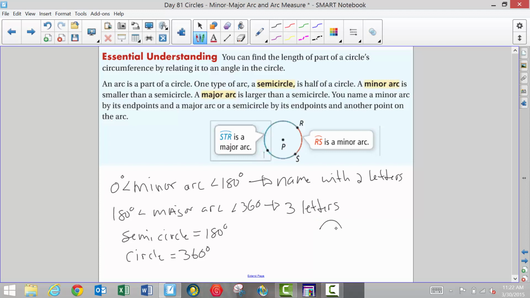With arc STR in the example, S is where you start, R is where you end, and T is the direction you head. A semicircle can use 2 or 3 letters, and a circle is named by its center.